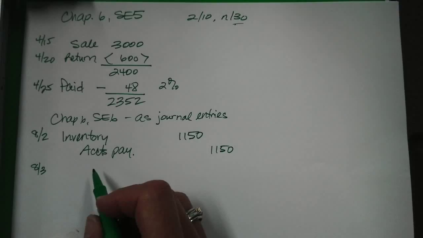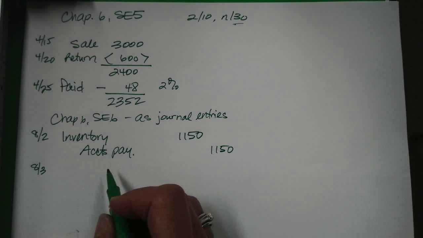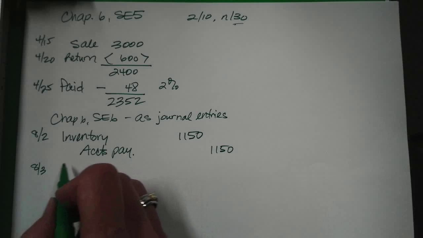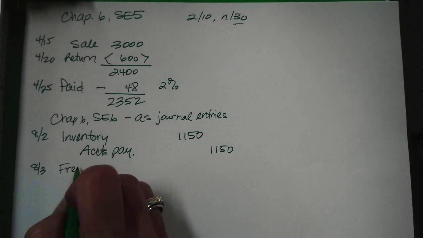Invoice dated August 1st, terms net 30. Okay, so apparently we paid the shipping and we owe for the shipping. So I'm going to call that freight in.